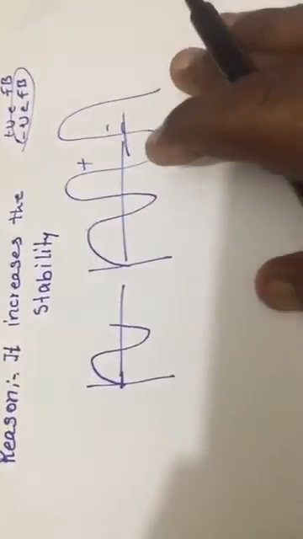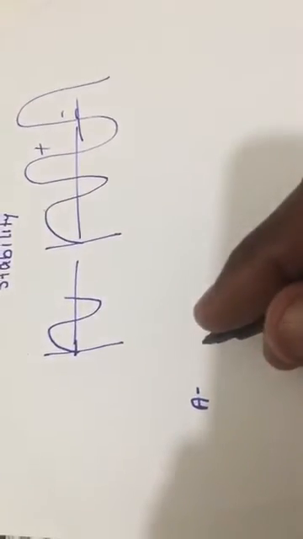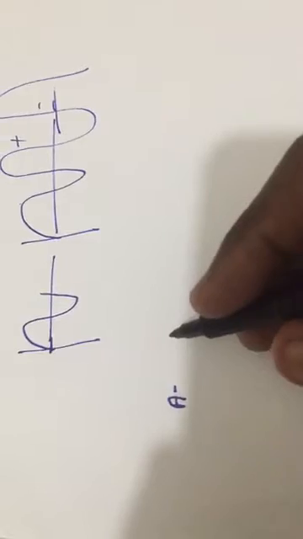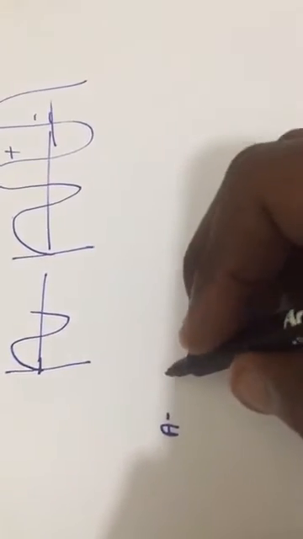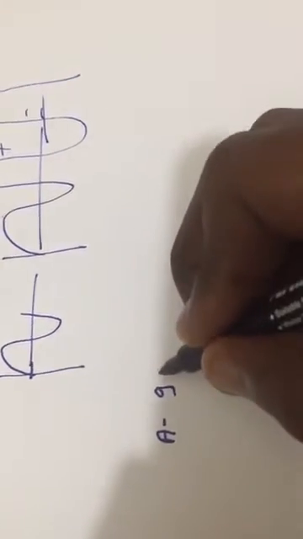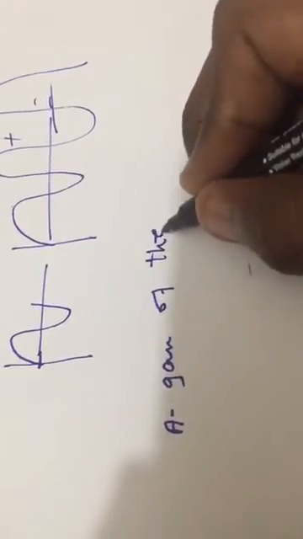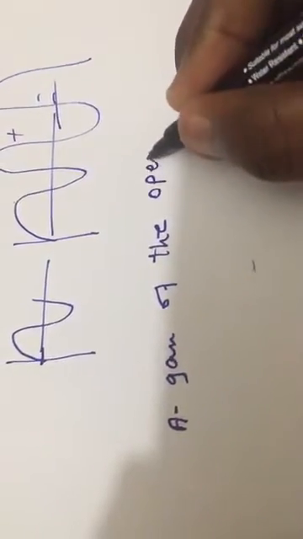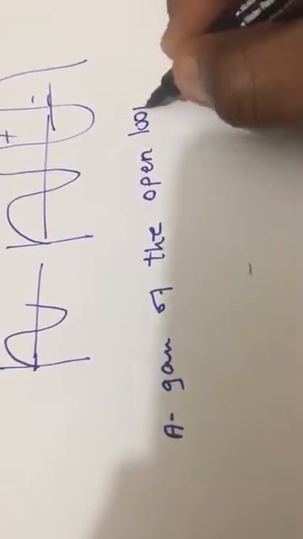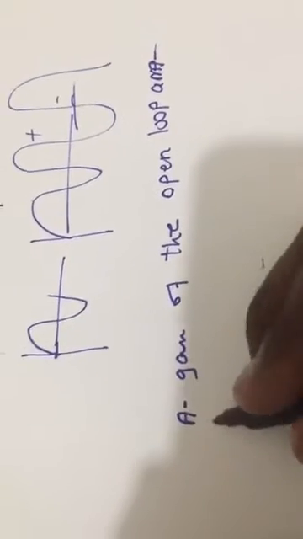There is some terminology for that. There is a letter called A. Whenever you see A in negative feedback or in this topic, it is the gain of the open loop amplifier.